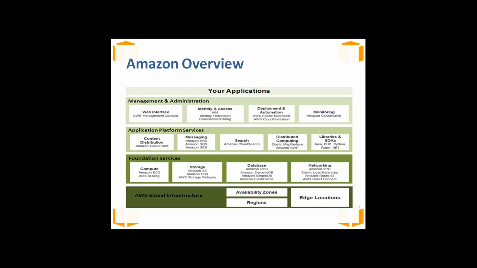Now let's talk about the second one, Amazon EBS. EBS is Elastic Block Store. What does it do? It provides persistent storage for EC2 instances.